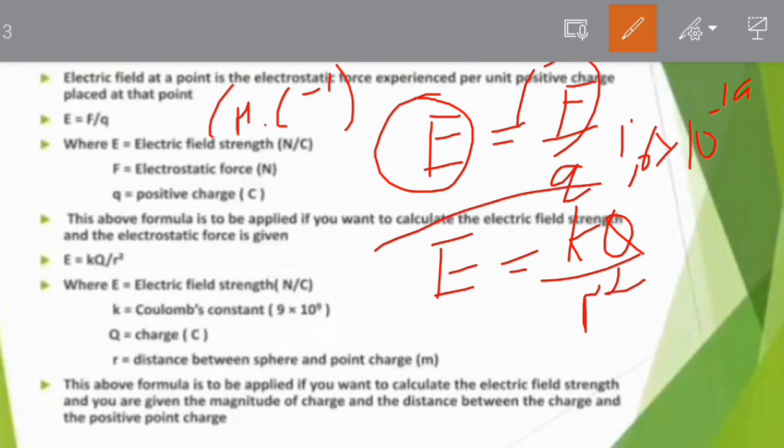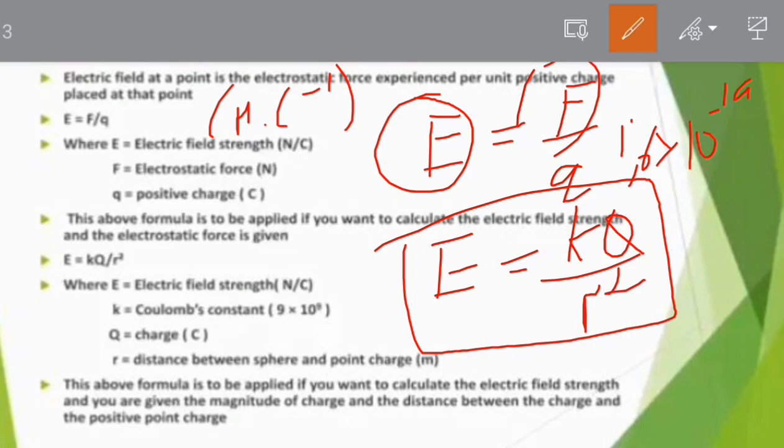This is the one that we mostly use in a lot of questions, whereby E is the electric field strength in Newton per Coulomb. Then K again is the Coulomb's constant, which is 9 times 10 to the power of 9. And then Q is the charge, which is given in coulombs. And R is the distance between the sphere and the point charge. Remember here, the distance is now between the sphere and the point charge that they will be talking about.